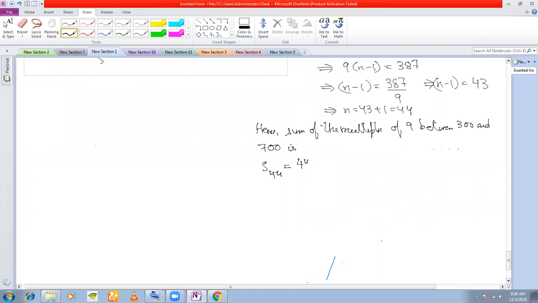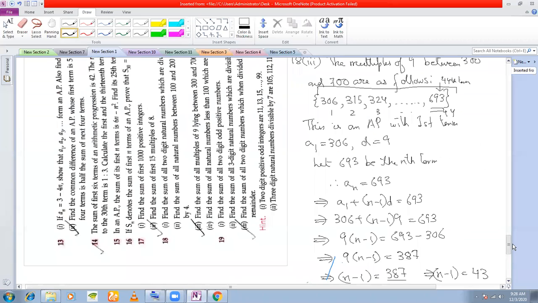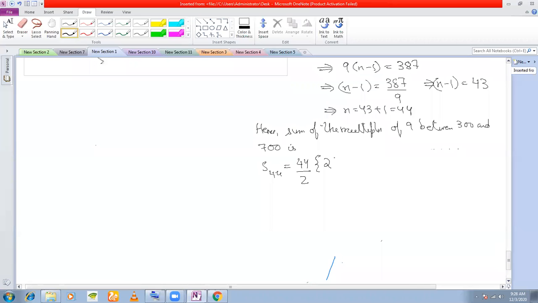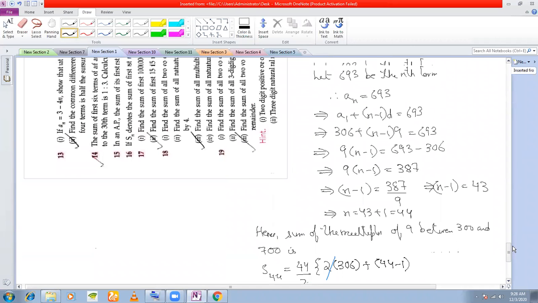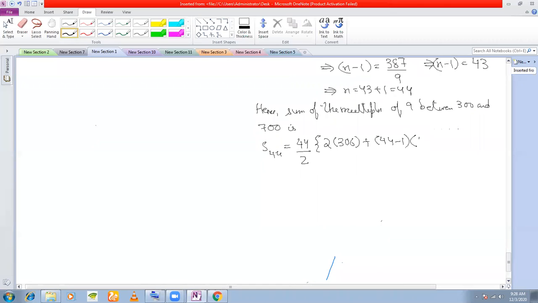Now we can put it in the formula. n by 2, n is 44, divide by 2, twice A1, the first term. What is the first term? 306. Twice of A1 plus n minus 1, n is 44, n minus 1, and d here is 9. So this will cancel, 22.